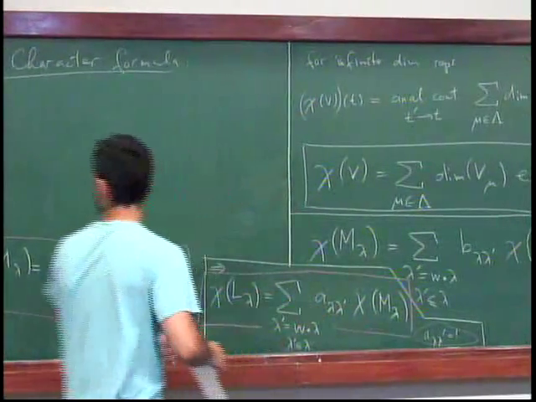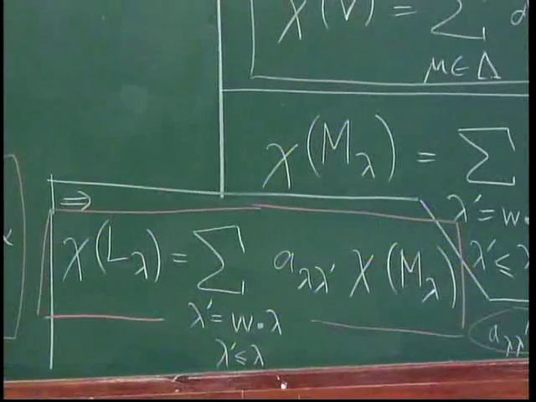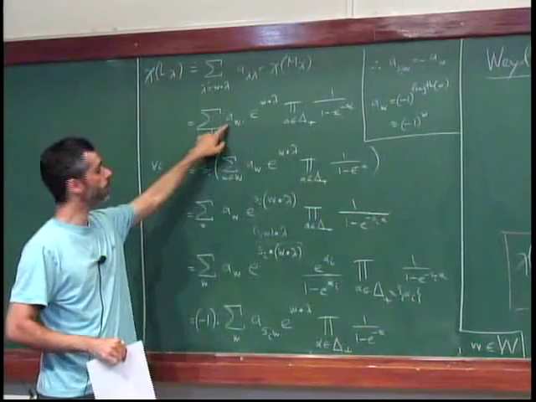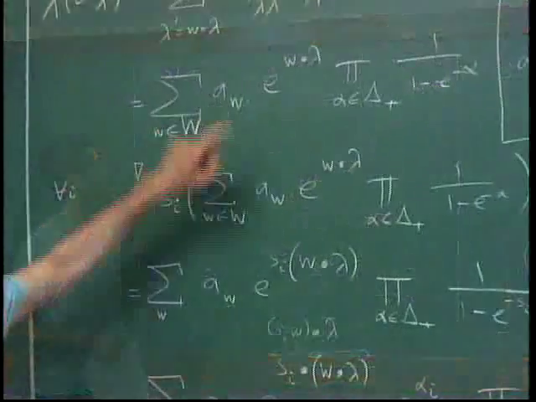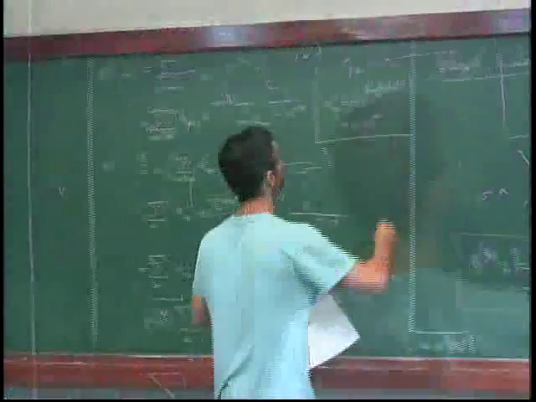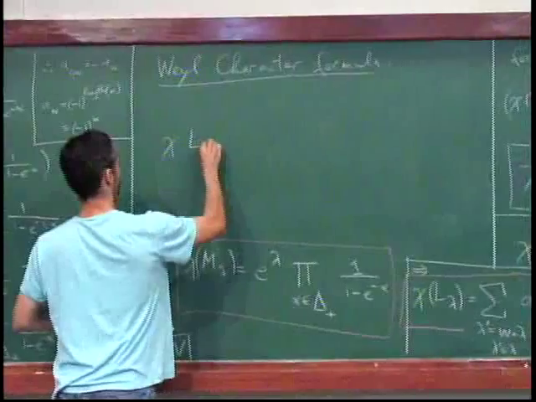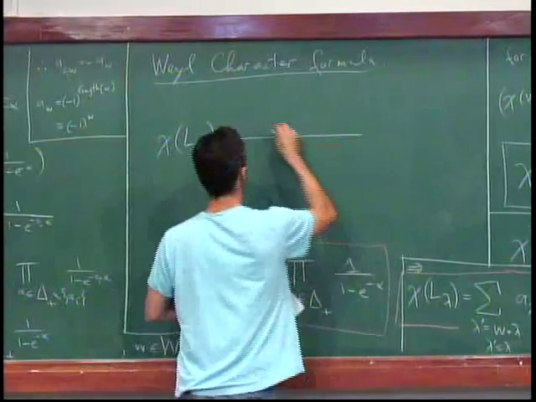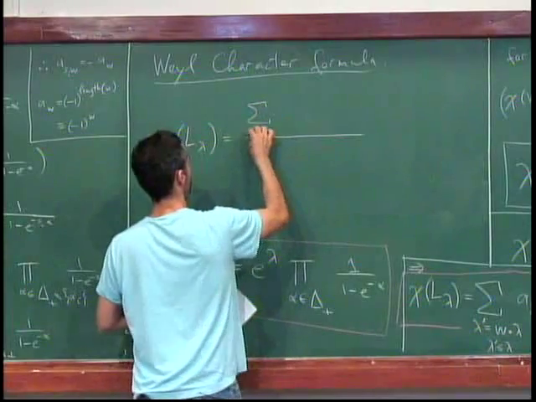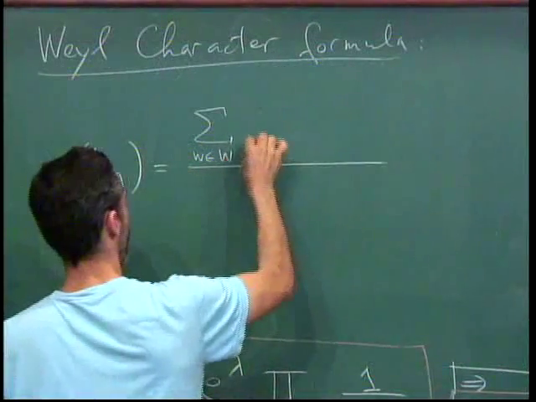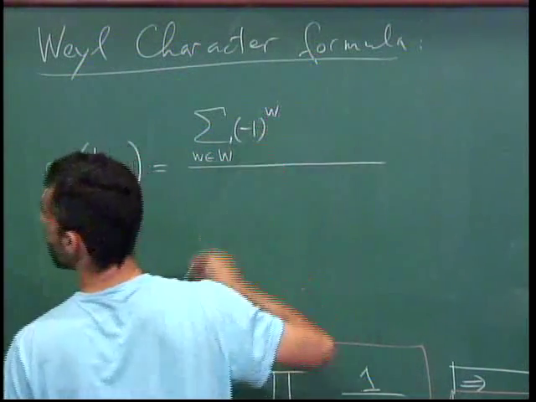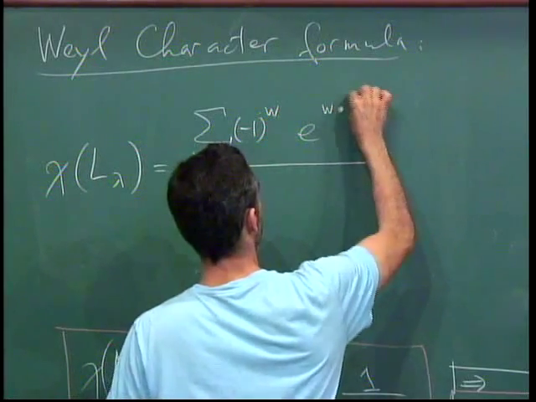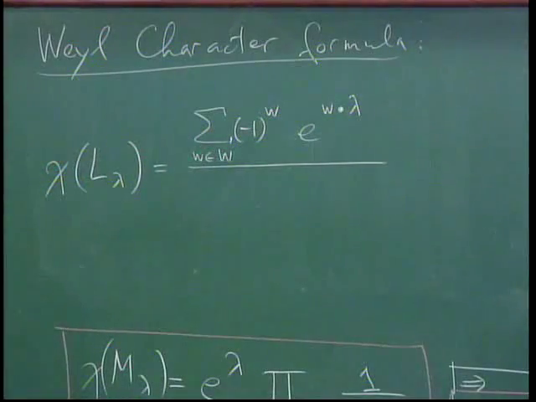It's this formula where here I put minus 1 to the W. So in the numerator, I have a sum over the shifted action of the Weyl group on lambda.